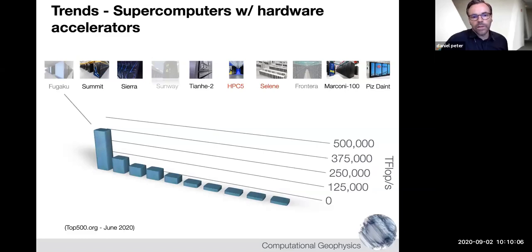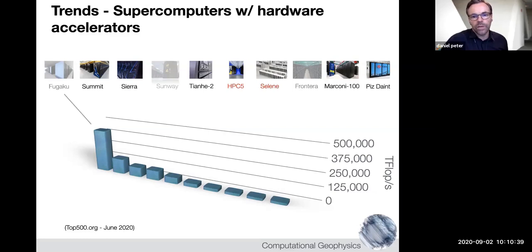And what is interesting as well is, so far these machines, they all have been government machines, the fastest machines. Fugaku, financed by Japanese government, Summit, US, Sierra, US, Sunway, Tianhe 2, China. But now HPC 5 and Selene, these are machines which belong to private companies.